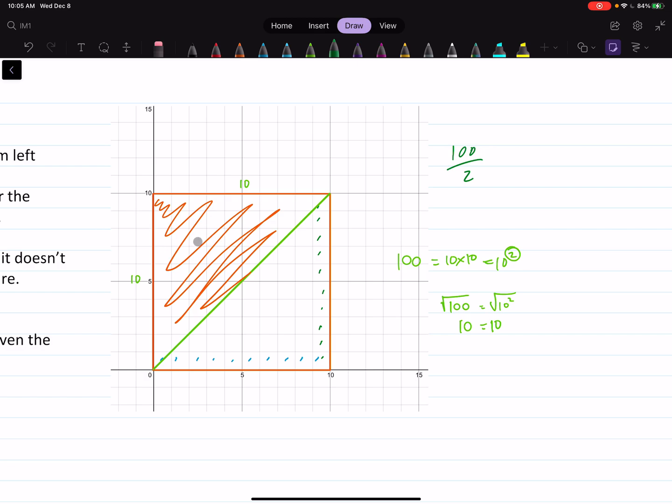As you can see, this is half of the entire square, so the area of the triangle is just 50.